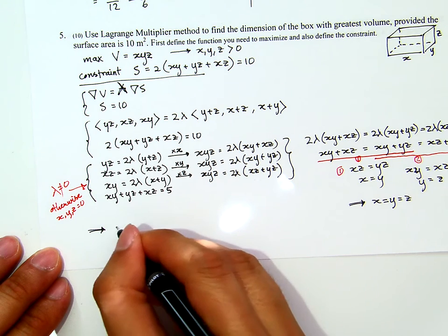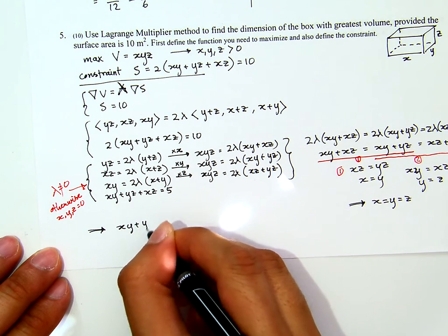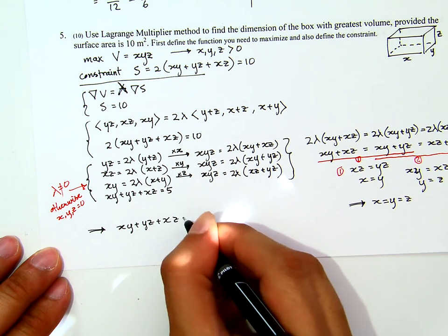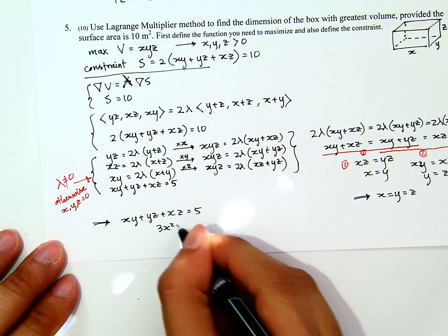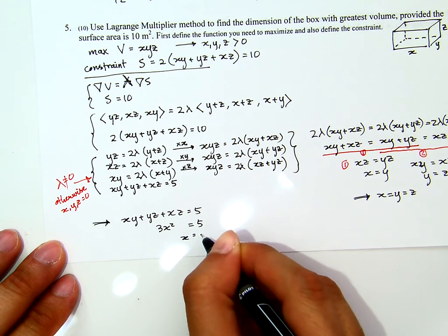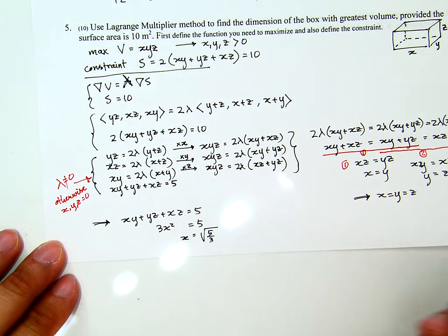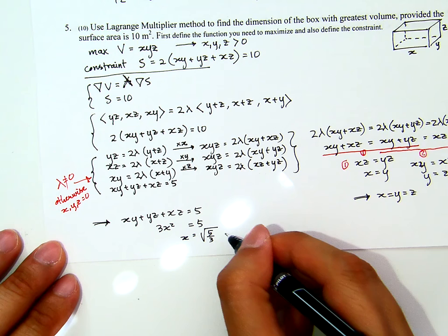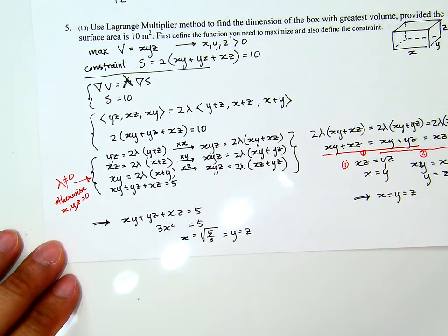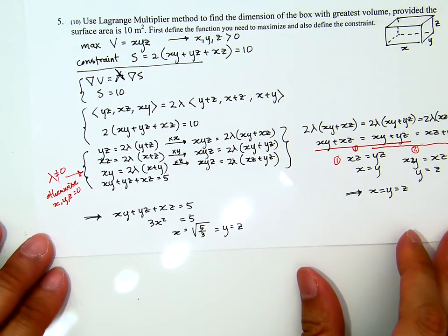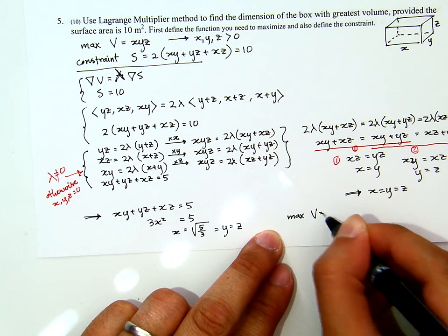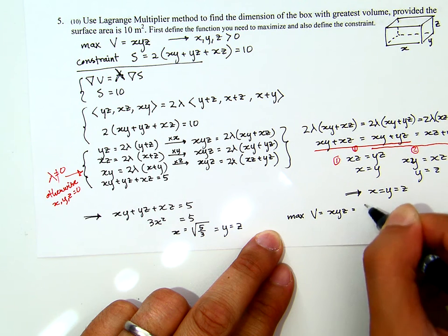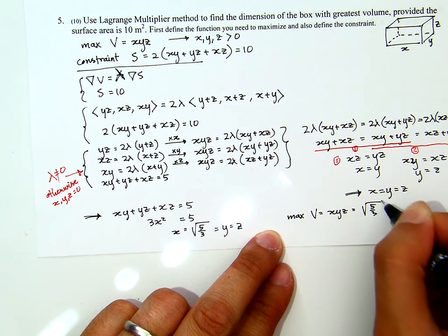Now I will put this into the constraint. When I put into the constraint xy plus yz plus xz equals 5, I substitute everything with x, so it will be 3x squared equals 5, x equals square root of 5 over 3, which equals y, which equals z. So what is the volume? Maximum volume will be xyz equals radical 5 over 3 cubed.